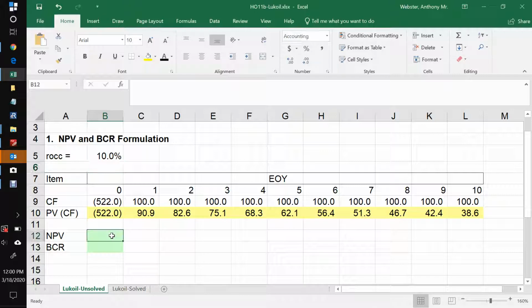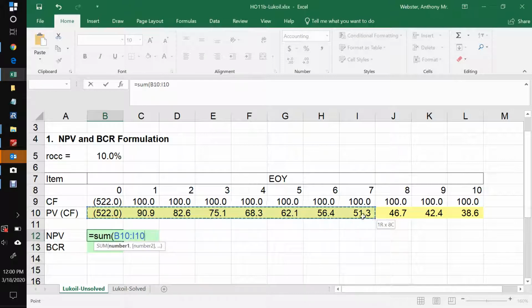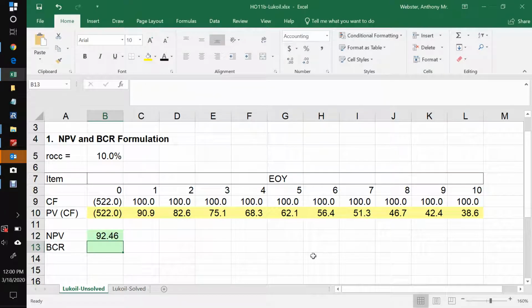Okay, so what's the NPV? The way we get the NPV is take every cash flow for this project, for this player, and then add them up after you've discounted them, and that's the NPV. So I'm just going to say equal the sum of all my discounted cash flows. There we go, 92.46. For BCR, I do something very similar.